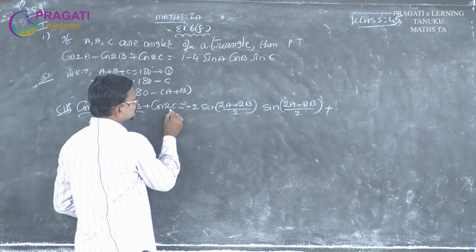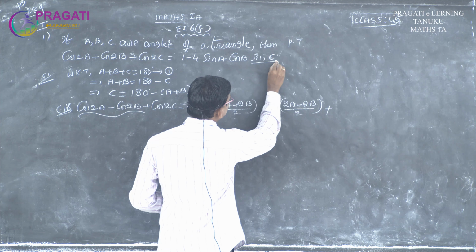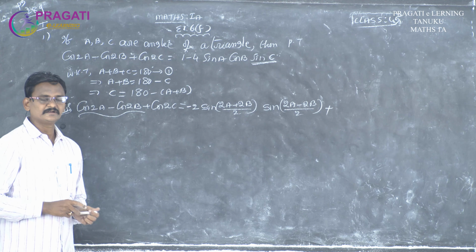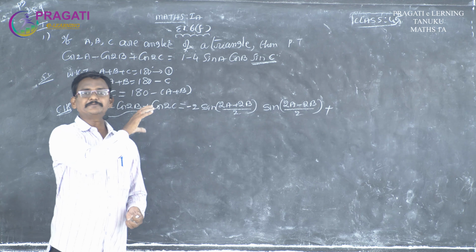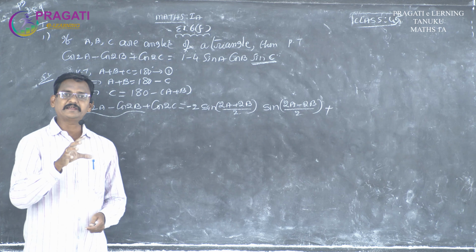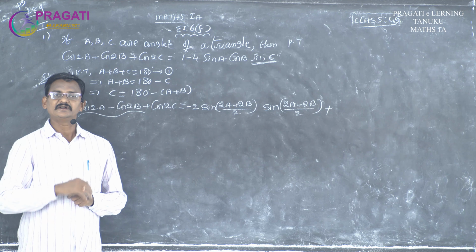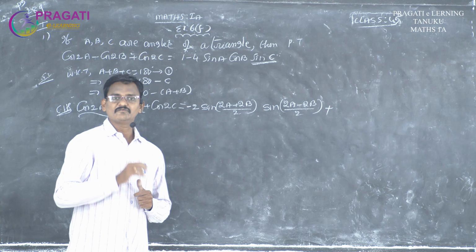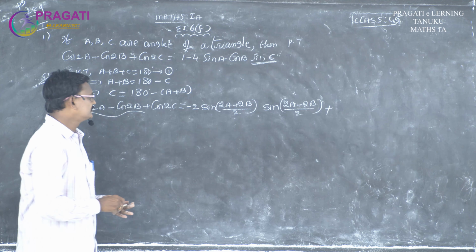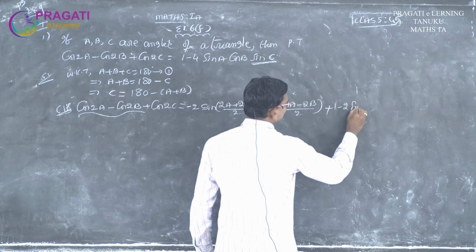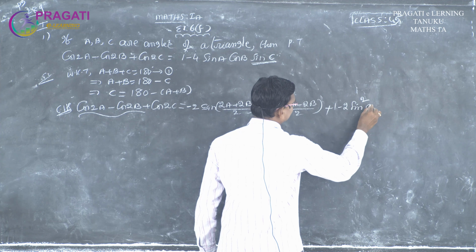Here, angle C is in terms of sine function, so the cos 2A formula is applied in terms of sine. The standard formula is 1 minus 2 sin square A, so cos 2C means 1 minus 2 sin square C.